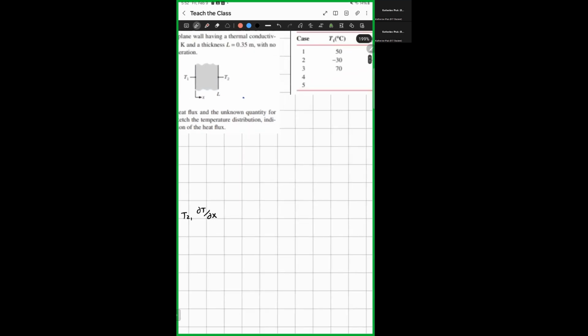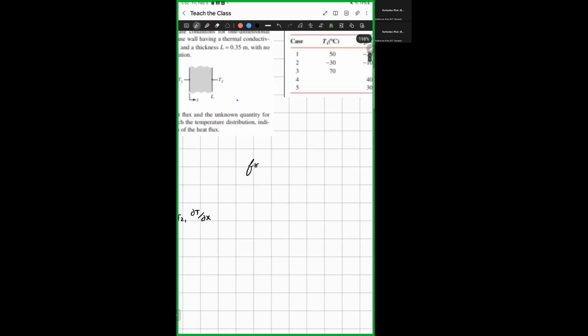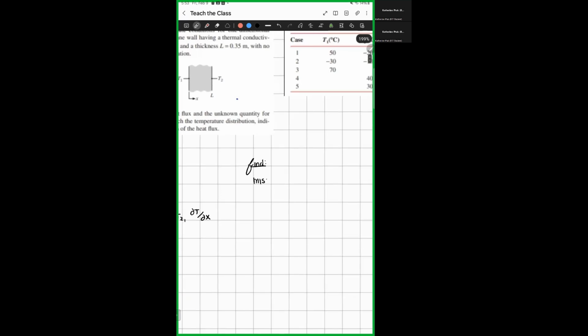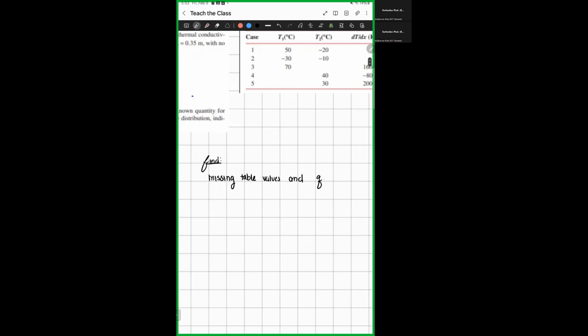So what are we looking to find here? We are looking to find the missing table values and Q conduction.